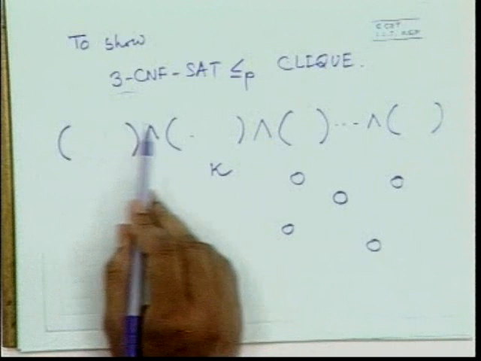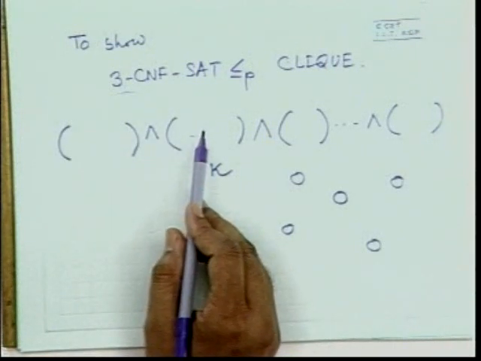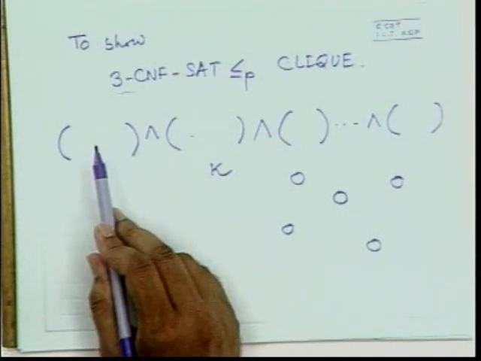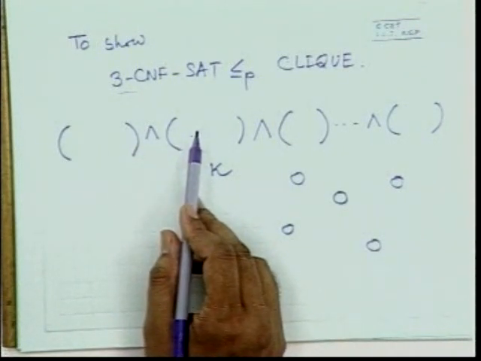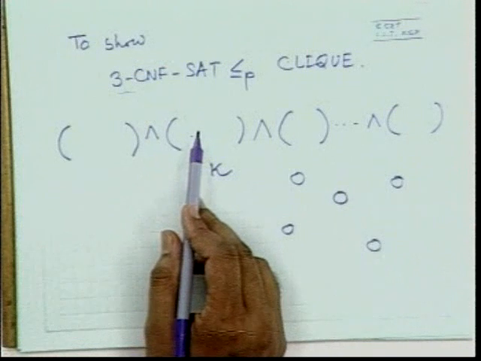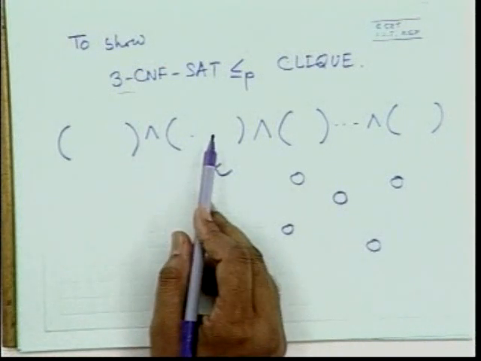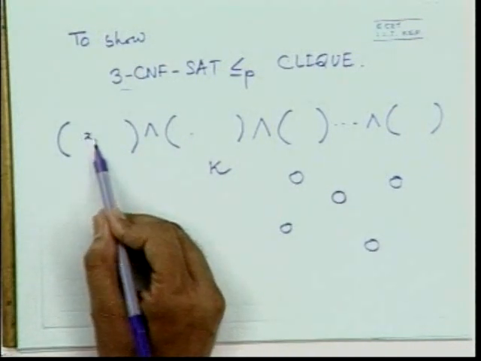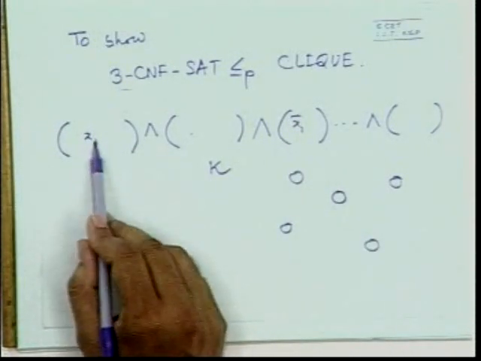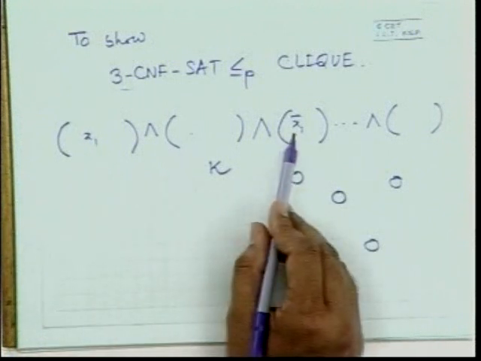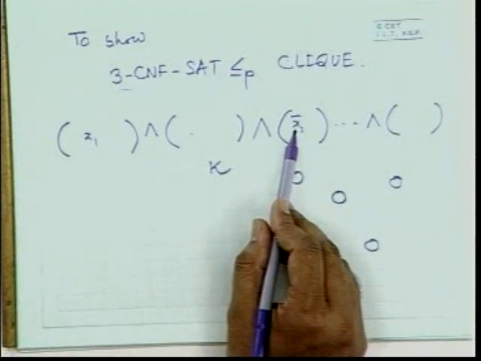We connect two nodes if their corresponding literals appear in different clauses and they are not negation of the other. So suppose x1 is here and somewhere is x1 bar, then we will not connect x1 with this x1 bar.